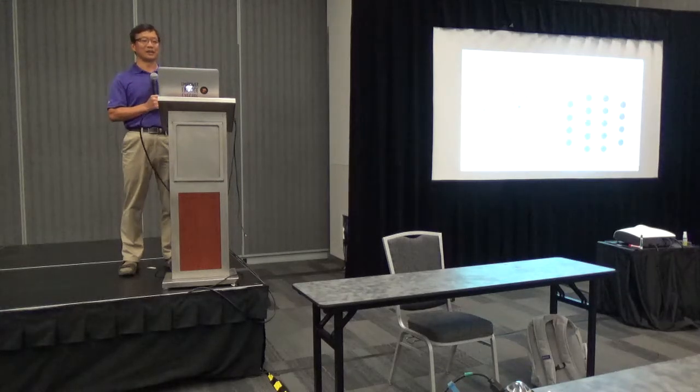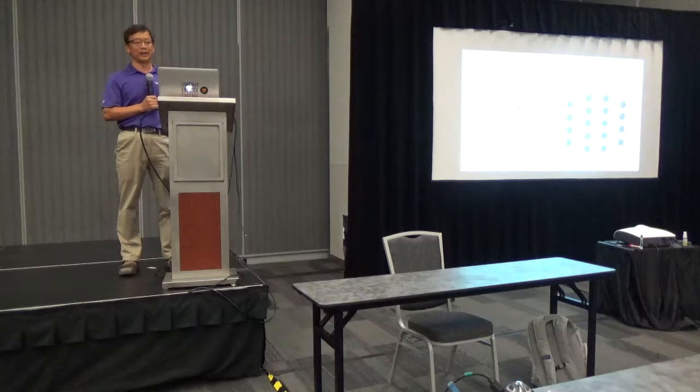Then let me also mention deep learning. Deep learning is very popular. It's trying to simulate how our brains, how a human being learns, by a thing called a neural network.